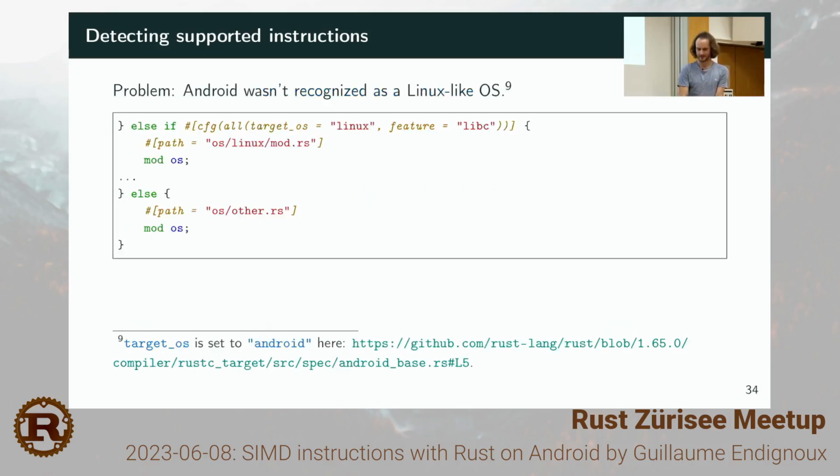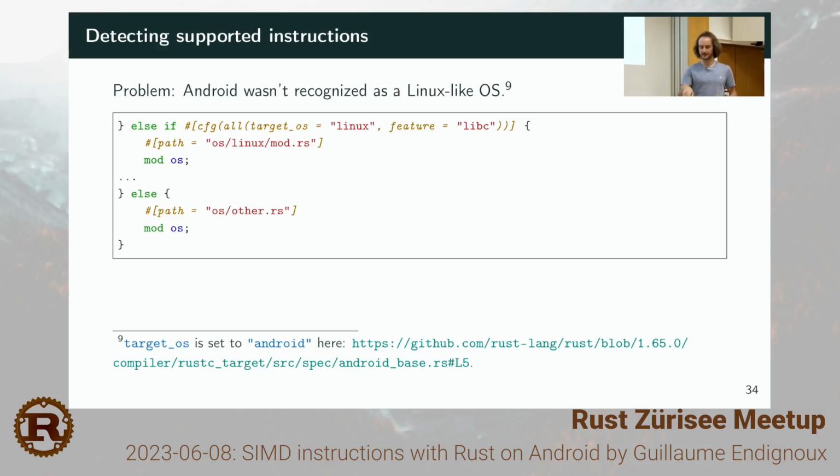And the root cause of the problem was the following. Android is kind of a Linux-like system, but the macro didn't recognize it as such. As I mentioned, on ARM there is OS-specific detection code to run. There is this dispatch code, and it is based on the target OS string.